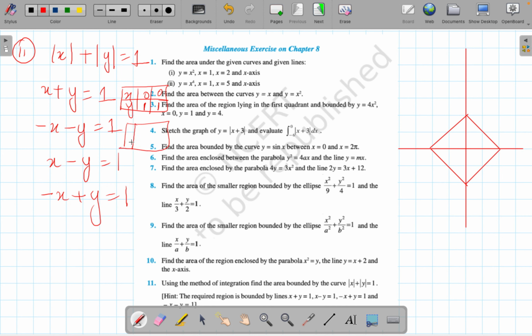Same way for this line: x is 0, y is -1, y is 0, x is -1. Same way this: x is 0, y is -1, y is 0, x is 1. Similarly this: x is 0, y is 1, y is 0, x is -1. So this is how your graph is going to look.